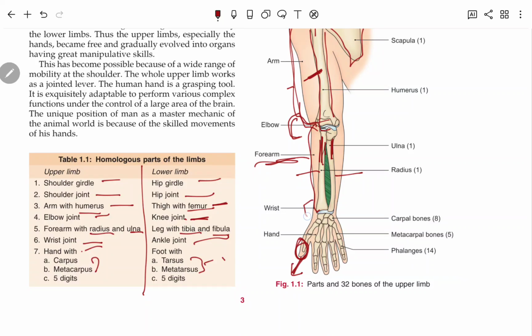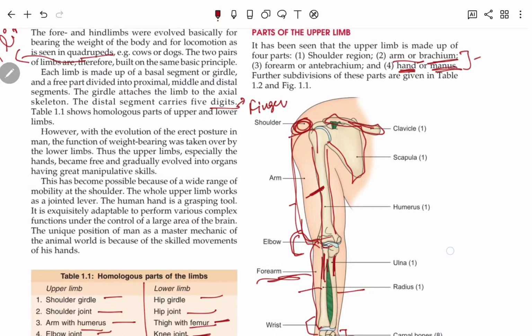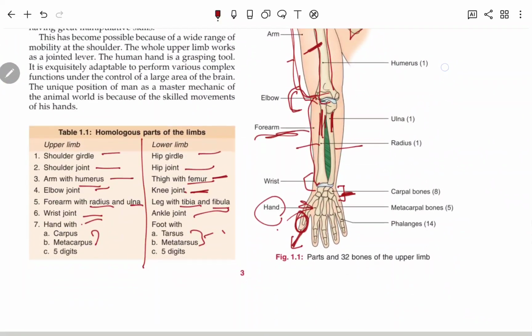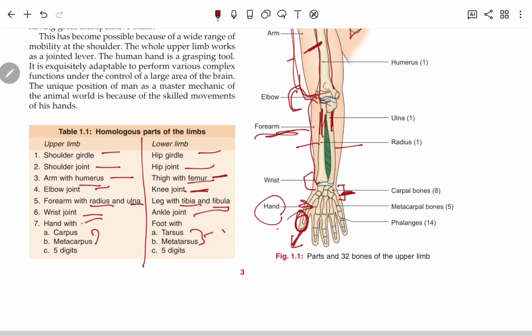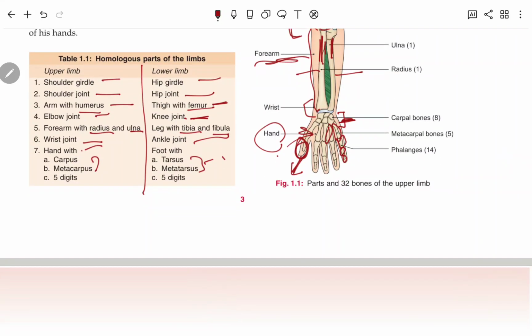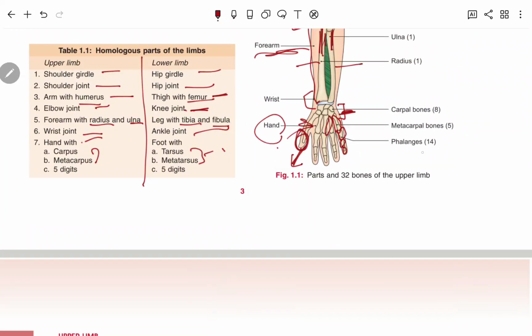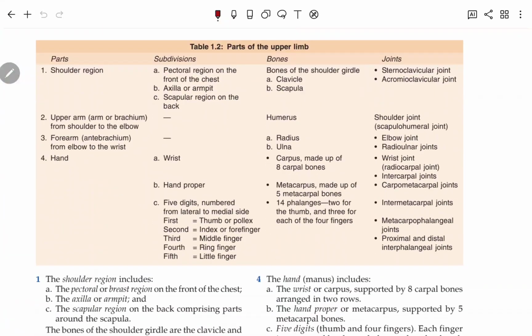Then we have the wrist joint, with 8 carpal bones. Then we have the hand, whose other name is manus. Now we have metacarpal bones and phalanges, the digits, which are 14 phalanges in each hand.